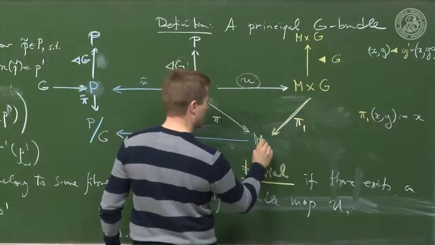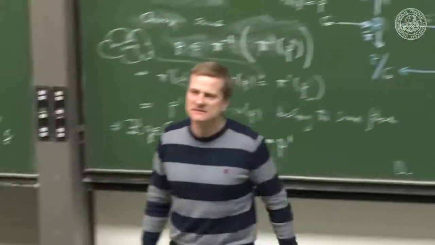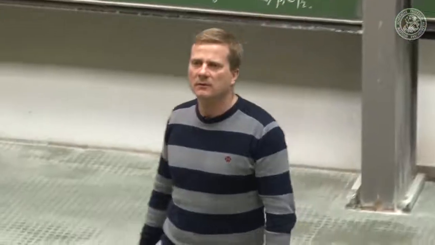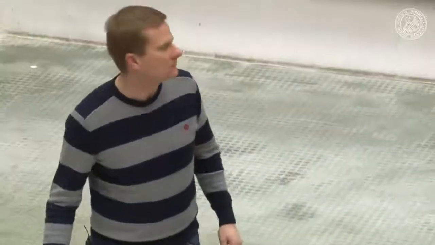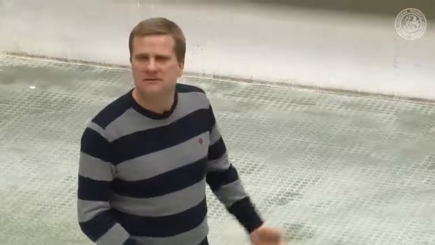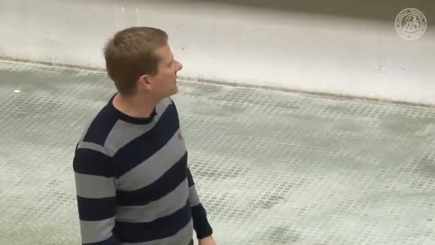And this is half white, half yellow. If there exists such a principal bundle map, only then is it trivial. And of course, not every principal G bundle is trivial, otherwise I would rather formulate this as a lemma, not as a definition for an extra property.